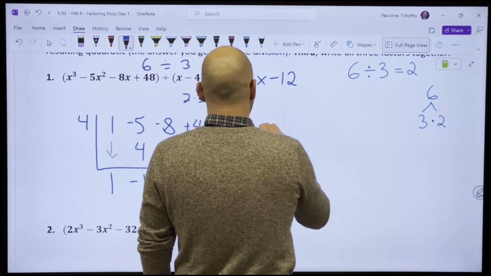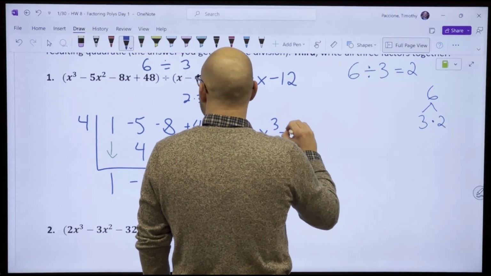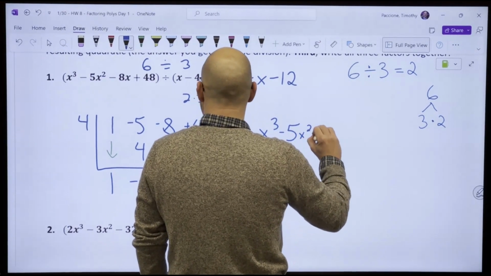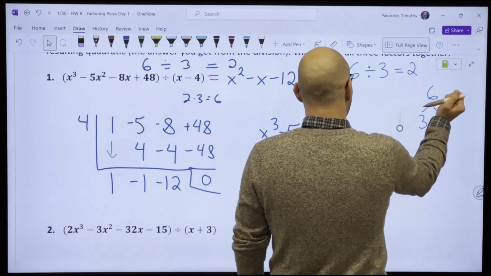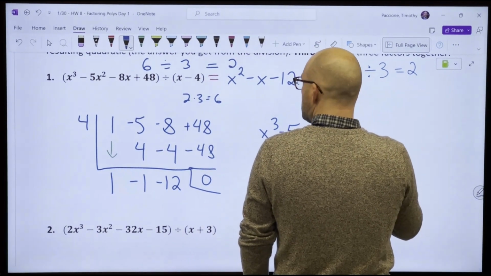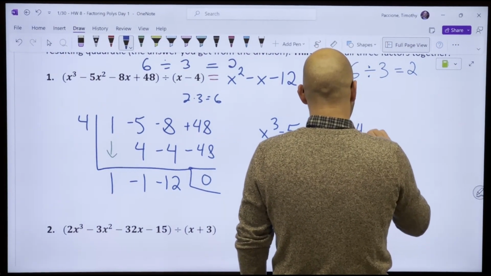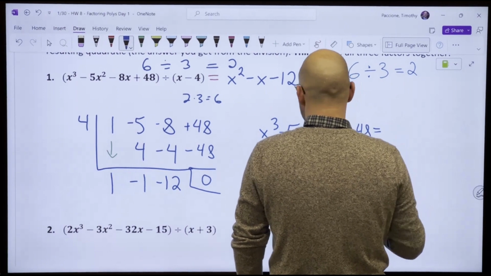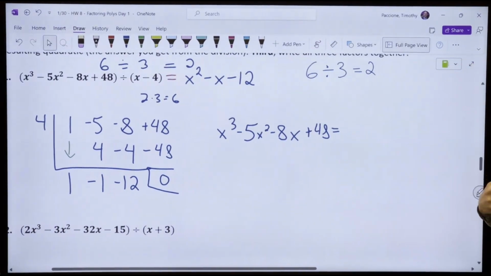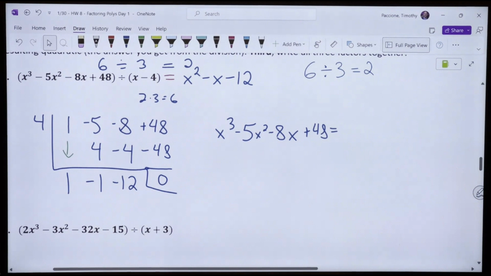I can say x to the third minus 5x squared minus 8x plus 48 equals the multiplication of two smaller things, which are what?